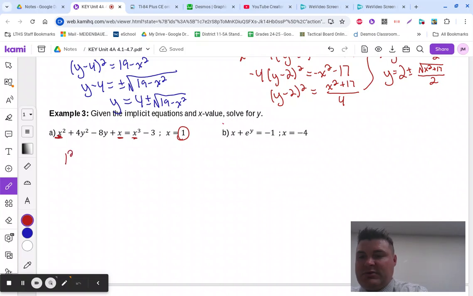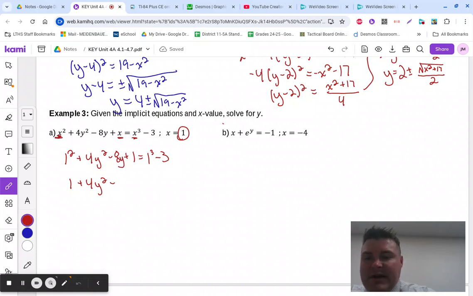So I'm going to get 1 squared plus 4y squared minus 8 plus 1 equals 1 cubed minus 3. So if I clean that up, I'm going to end up with a 1 plus 1, which is, whatever. I'll just go slow. Oh, there should be a y right here. That's an oopsie. Minus 8y plus 1 equals negative 2 over here.